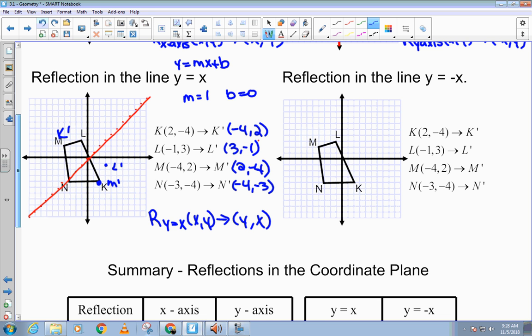Alright? So if we looked at it, 1, 2, 3, 4, 1, 2, 3. See, my line wasn't very good on that one. Like I said, this is kind of hard to draw on the smart board.